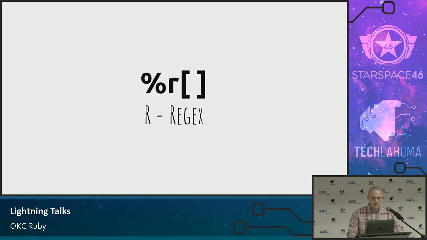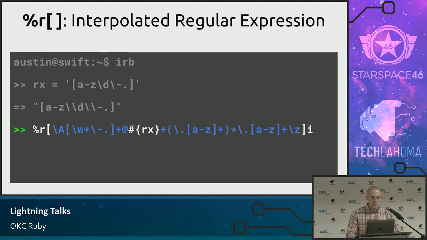Pretty handy. Regular expression. This can be kind of nice to simplify regular expressions, maybe. Kind of depends on what you want to do. So it is interpolated, so you can see we're declaring Rx as a small regular expression snippet in the form of a string. And then at the bottom, this is actually from the Ruby on Rails tutorial by Michael Hartl.